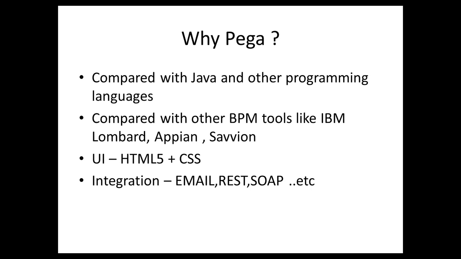Why does Pega have the advantage over other BPM tools? Why does Pega have the advantage compared to Java or other programming languages? What are the integration functionalities of Pega and things like that?